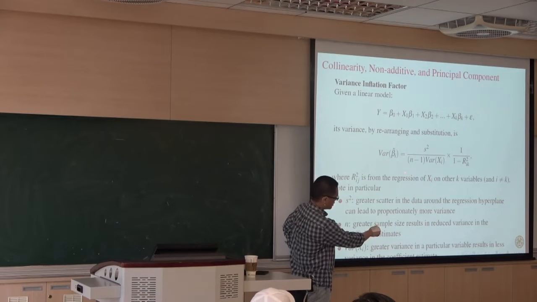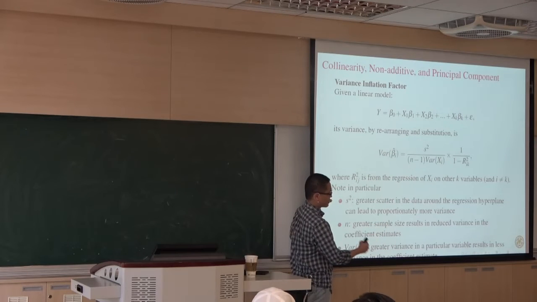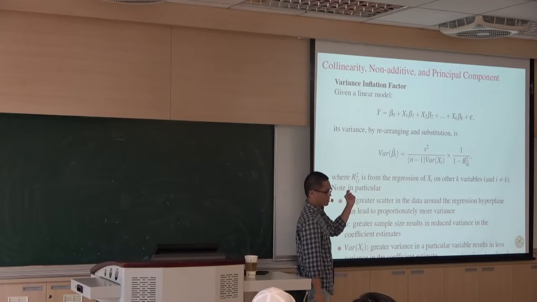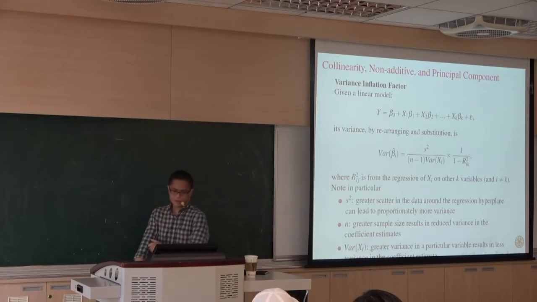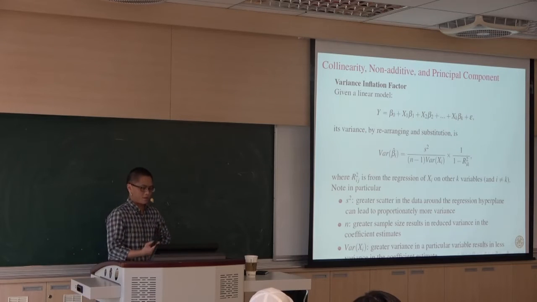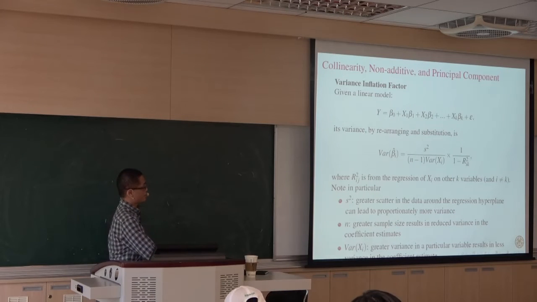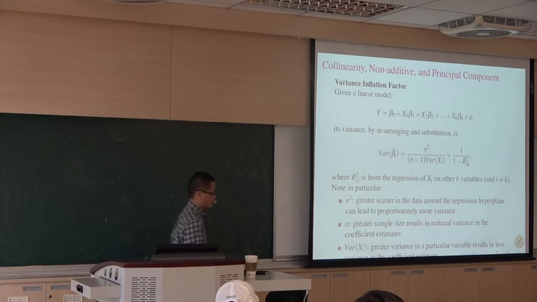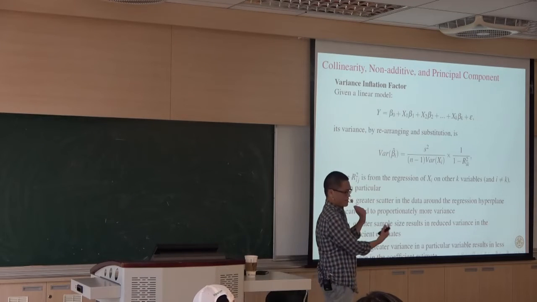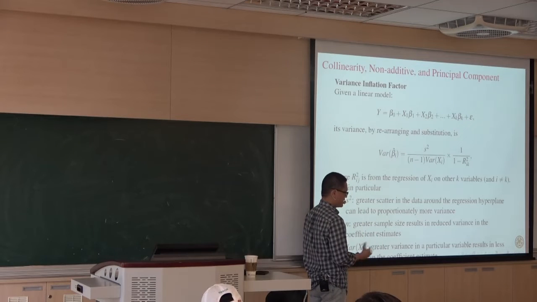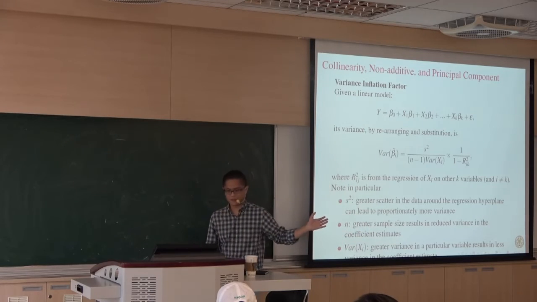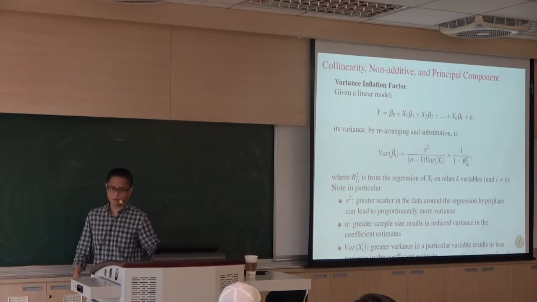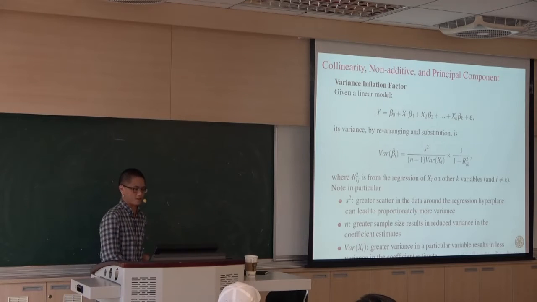Because it's decreasing in your sample size, as it gets larger, the variance of your coefficient estimate reduces. But you should also see that more variance in a particular variable actually results in less variance in the coefficient estimate, right? Because if you have a variable that's invariant across all observations, then it provides only a small amount of information for you to estimate. And that means the variance should get larger.